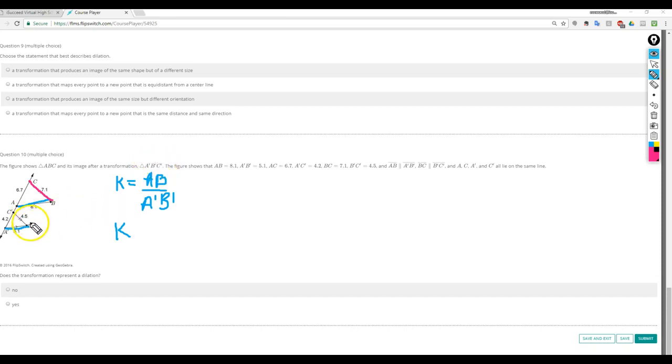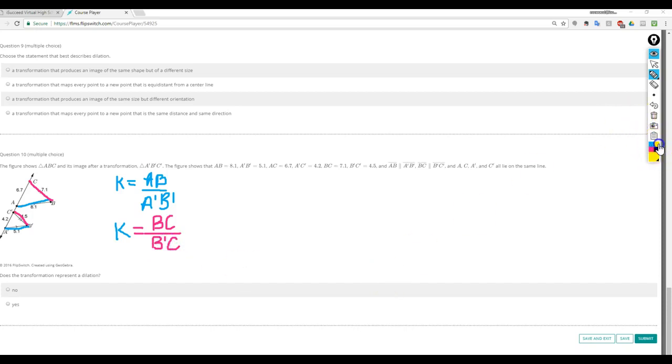So it would go B prime, C prime, since it's the second vertex to the third vertex. So we're going to find another scale factor for the corresponding sides BC compared to B prime C prime.